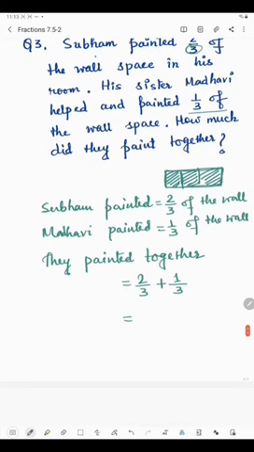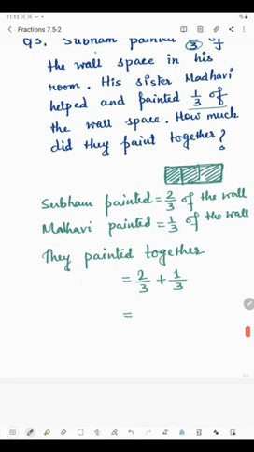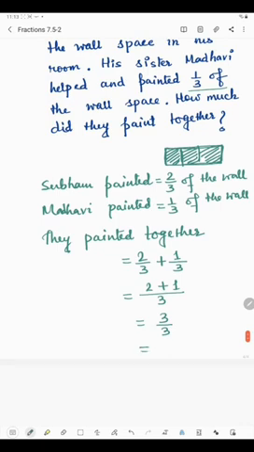Now when we have the like fraction, we have learned that we just add the numerator and denominator remains same. So it will be 3. So if you add the numerator, we have 2 plus 1. Now 2 plus 1, 3 divided by 3. When you have same number in the numerator and denominator, then we get 1, because if we divide by 3 to the numerator and denominator, we get 1.